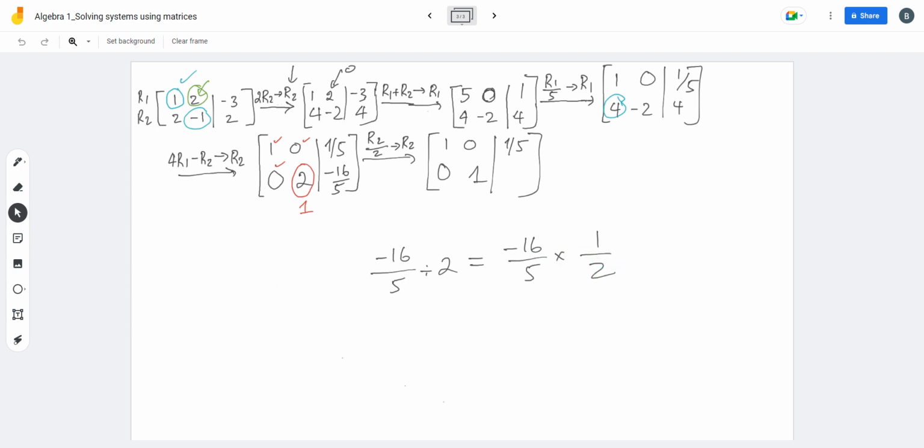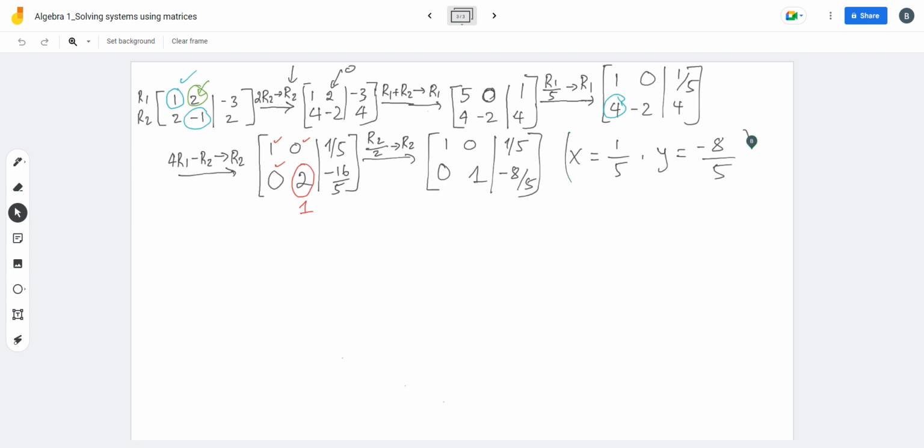Multiply by the reciprocal, right? So that would be minus 16 divided by 2, 8 over 5 in this case. So what's your conclusion? The conclusion is x equal to 1 over 5, y equal to minus 8 over 5.